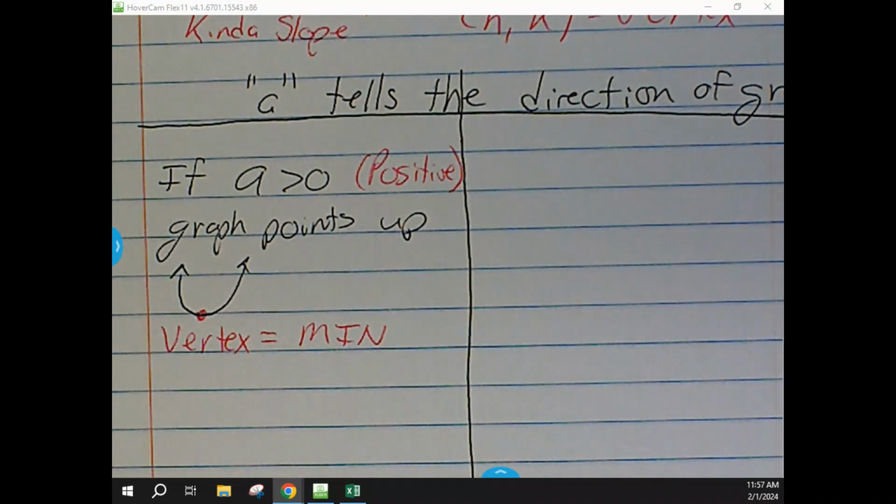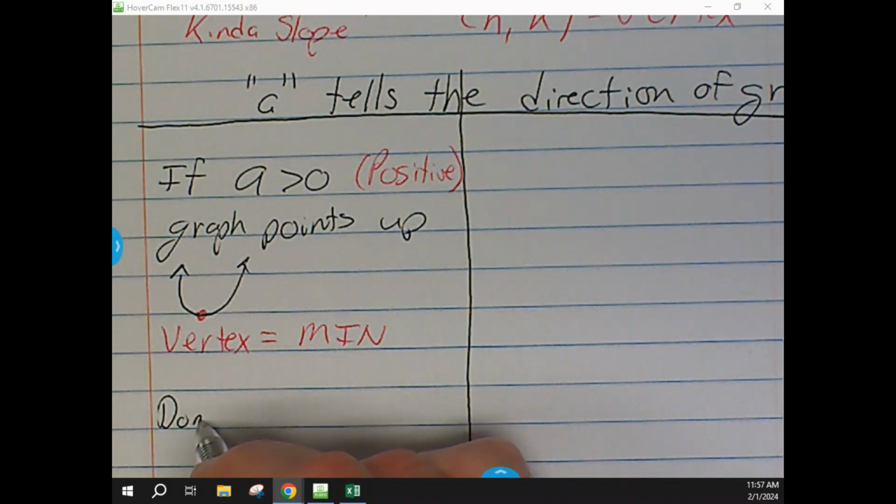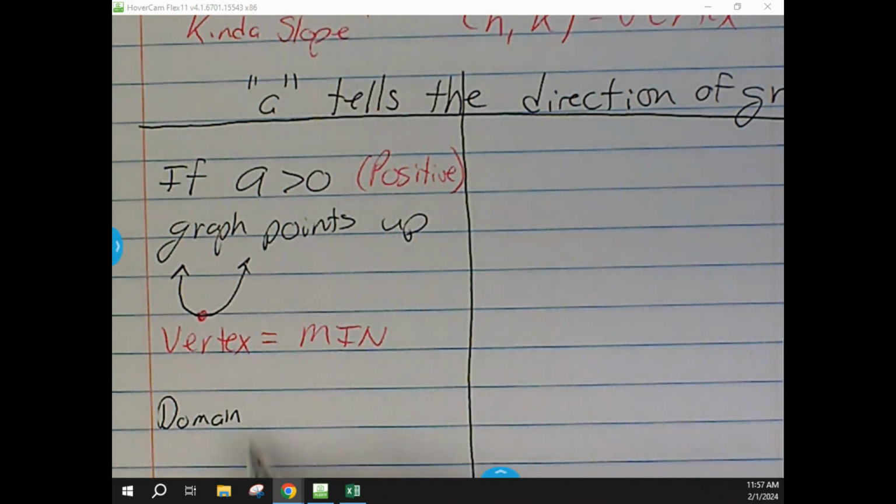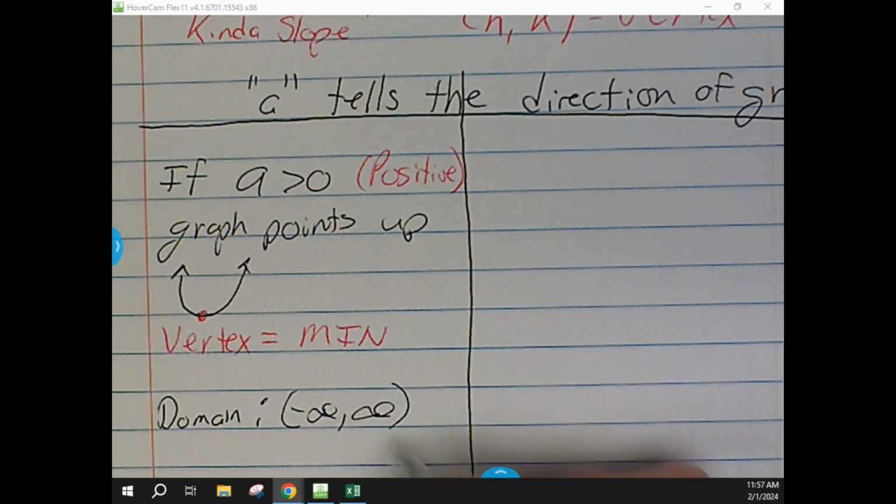Okay. The domain. We already know what that answer is. It's still just like absolute value. It's still negative infinity to infinity. This part never changes.